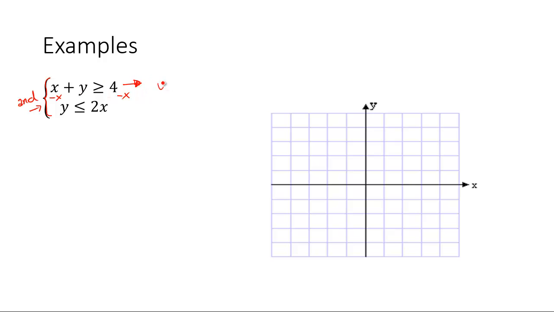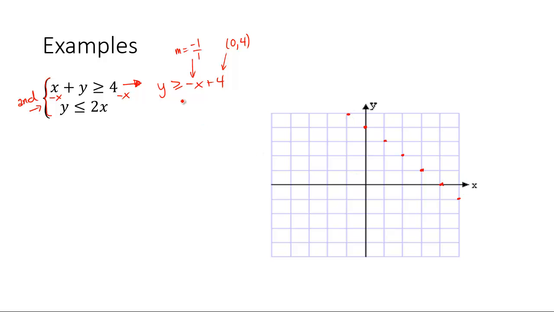So subtract x, you've got y greater than or equal to negative x plus 4. Now this means that our slope is negative 1, which is negative 1 over 1, and our y-intercept is at 0, 4. 0, 4 is a point that satisfies this inequality. So if we follow the slope, this means we go down 1, right 1, and this builds our line.